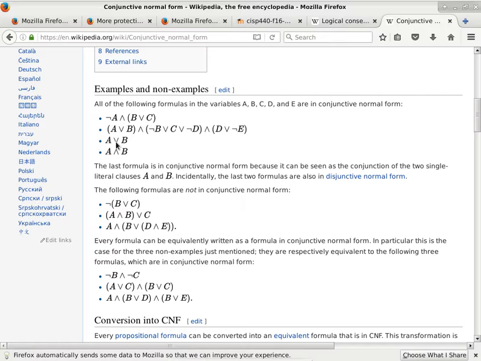Okay, there's another way to look at this. The reason why we like CNF is because it allows very easy mechanical theorem proving. So it ties into what we talked about earlier, syntactic entailment. This makes a very simple mechanism for proving theorems.